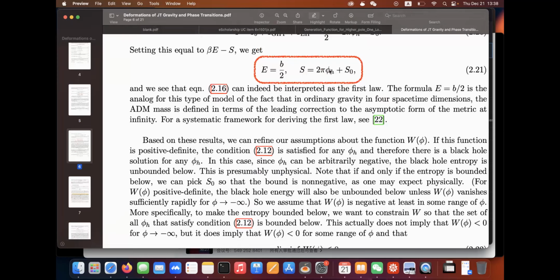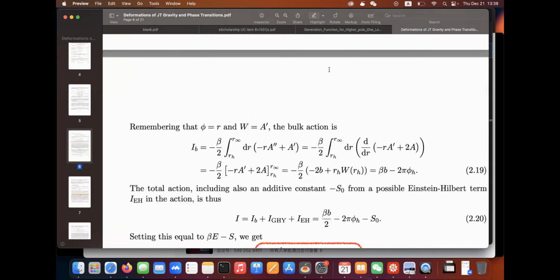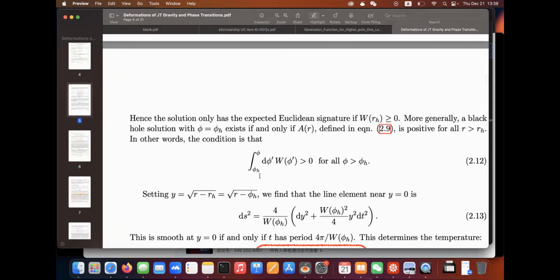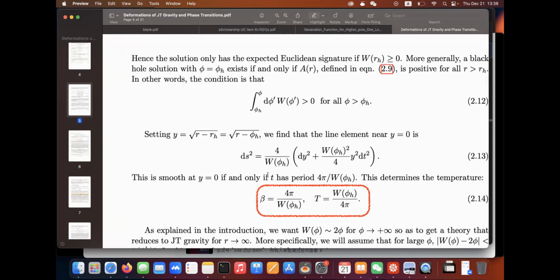How to determine the horizon? It should be determined by the constraint of A, which means that the horizon is the minimum value which satisfies this equation for any phi larger than the horizon. Okay, this is the definition of the horizon. You need to find the minimal value of phi h, and then we require that the minimal phi h is not equal to minus infinity, because the entropy should be bounded below.